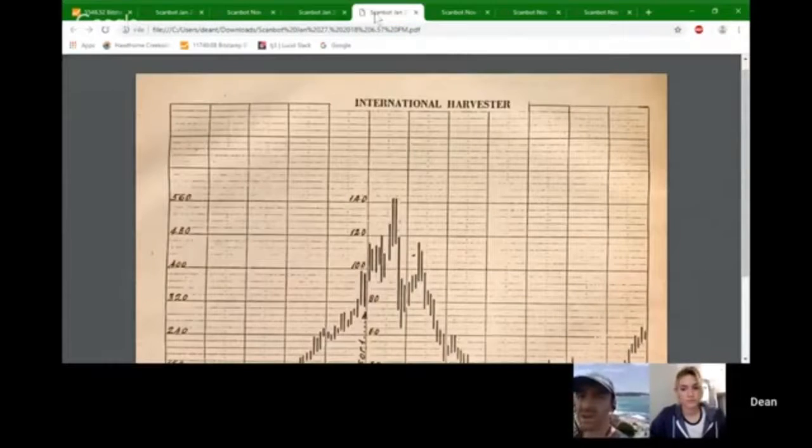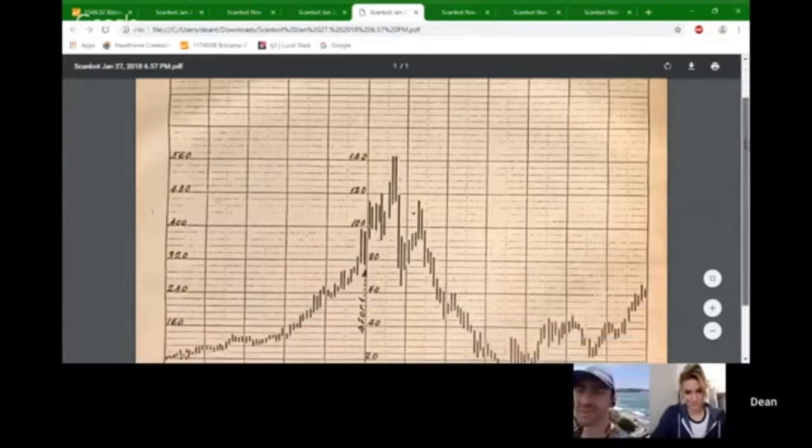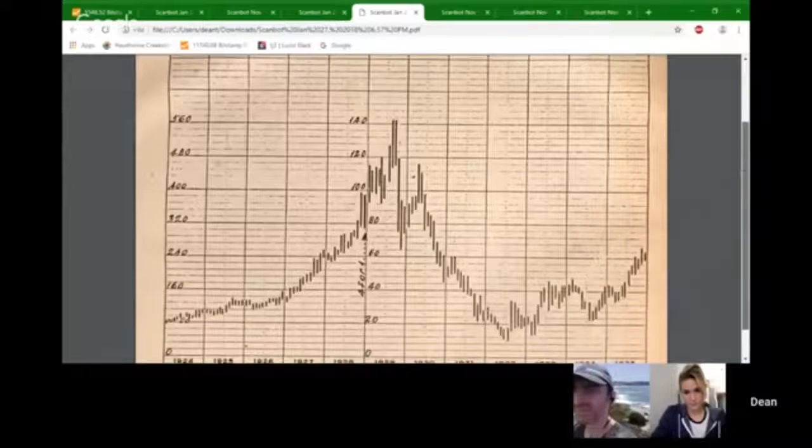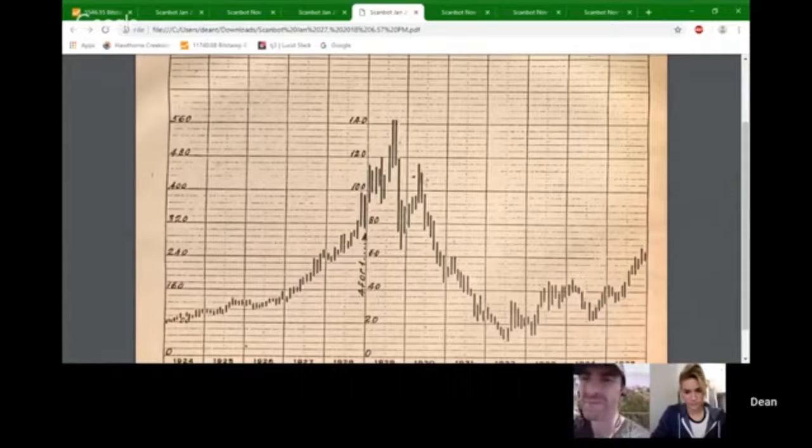Take a look at this one. This is called International Harvester, which is like Caterpillar or Deere today, agricultural, building huge agricultural machines. One goes back to 1922, 2, 3, 4 up, 5 down, 6 up, doesn't get back to the high, all the way back down to the beginning.